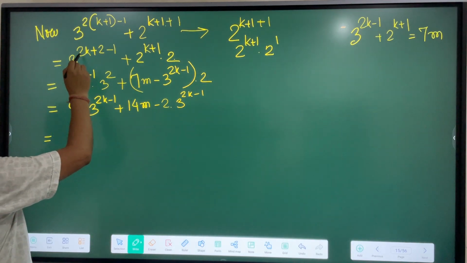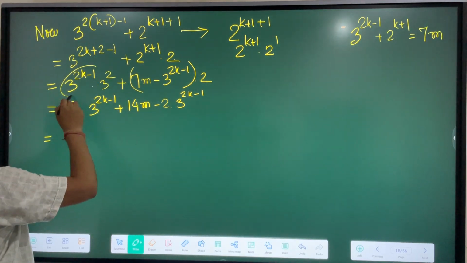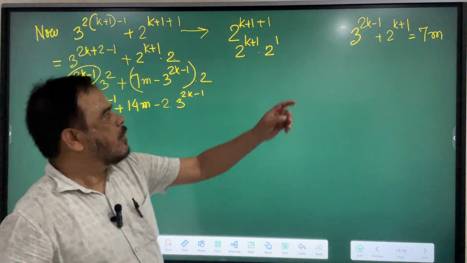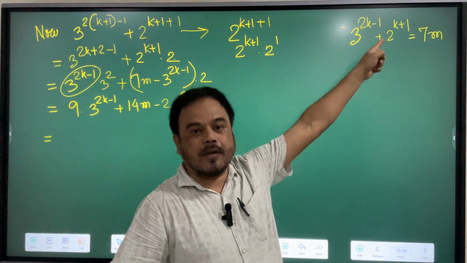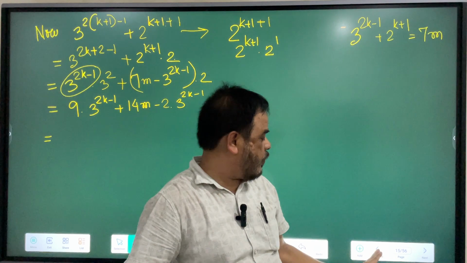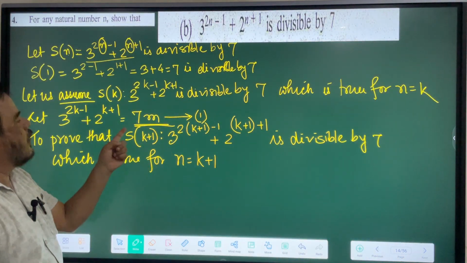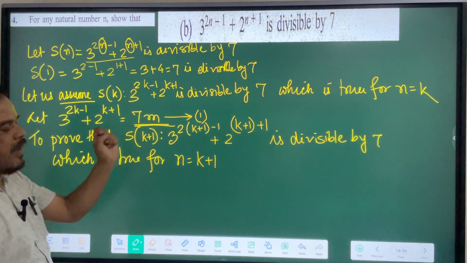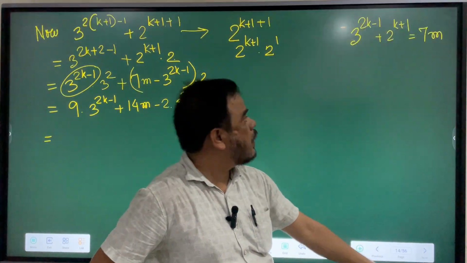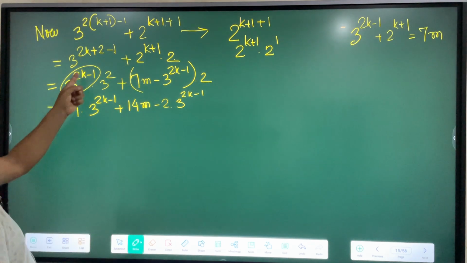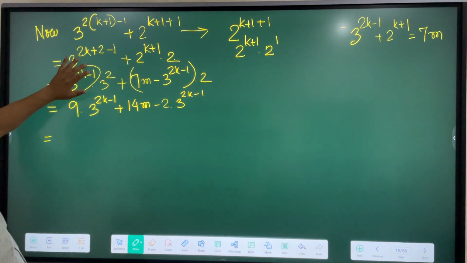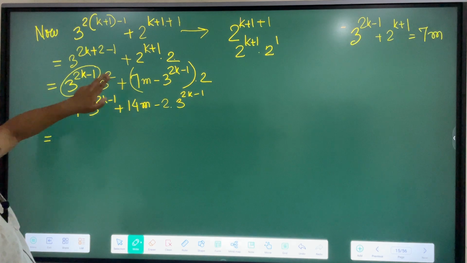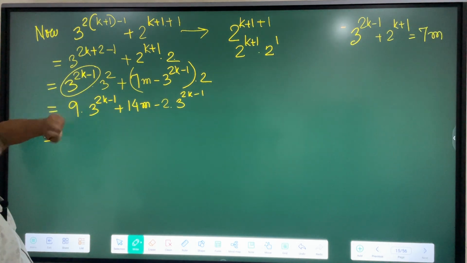Okay, now 3 to the power 2k minus 1 is taken separately. Why? Here 3 to the power 2k minus 1 is there. This one has come from the previous page: 3 to the power 2k minus 1 plus 2 to the power k plus 1 equals 7m. So 3 to the power 2k minus 1 is taken separately, and 3 to the power 2 is taken separately.